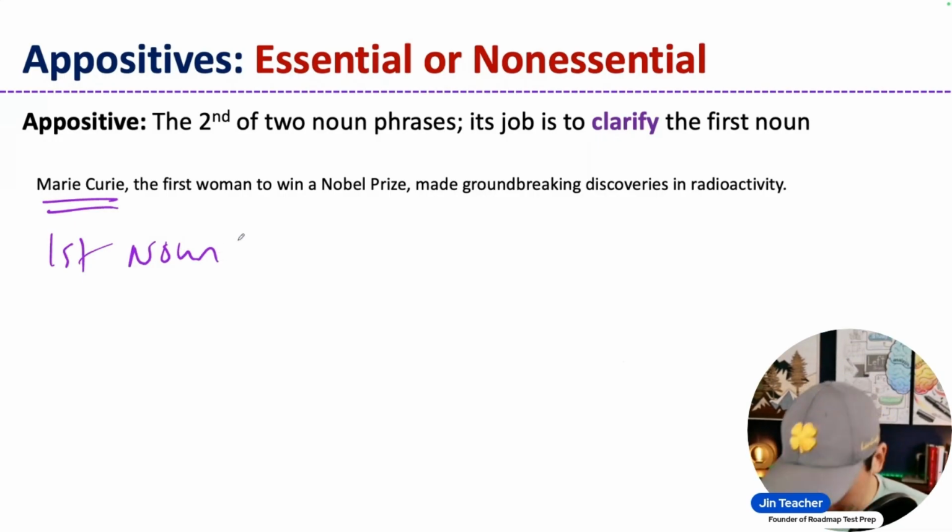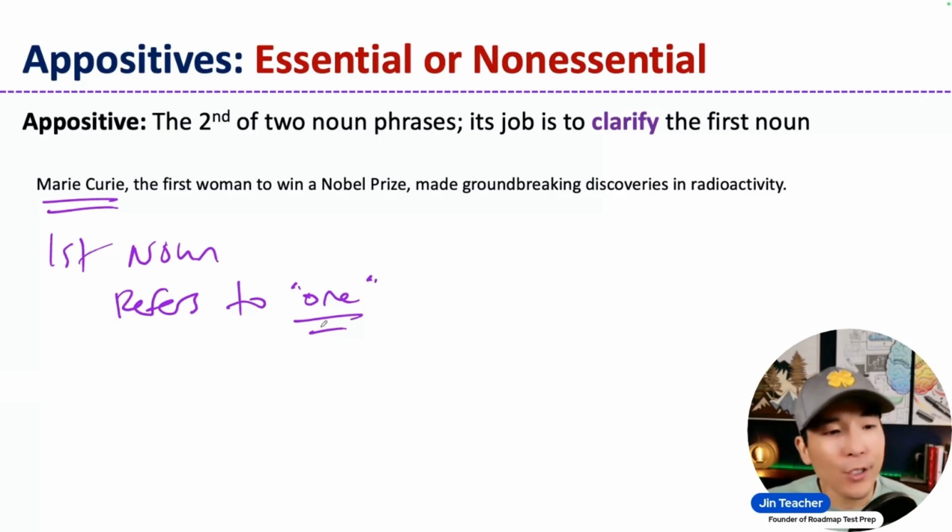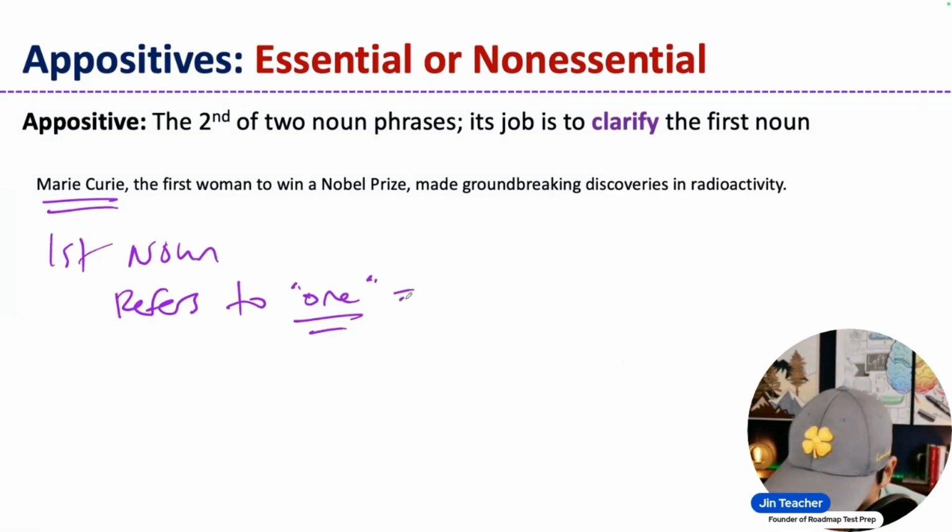So if this first noun refers to a singular, like one person, one place, one thing, one idea, then the appositive is non-essential.